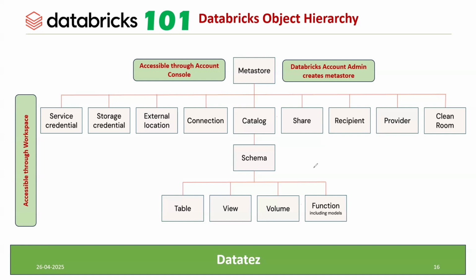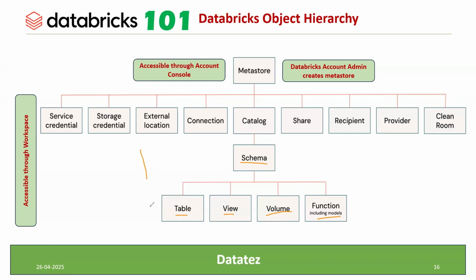As part of the hierarchy, schema is nothing but our database. Within the database, we can have tables, views, and functions. Apart from that, in the Databricks platform, we can also create one more type of asset, which is called a volume.